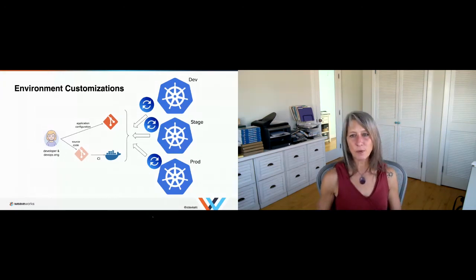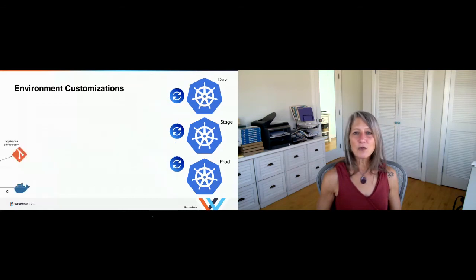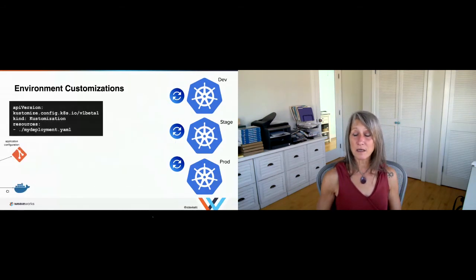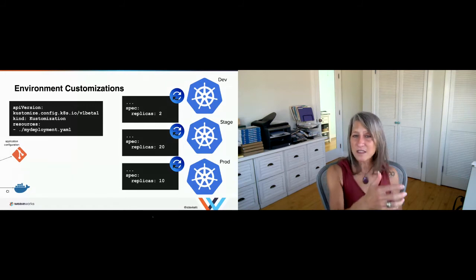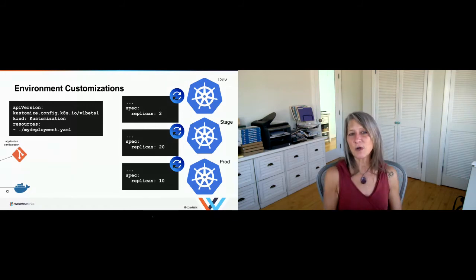Well, GitOps supports this by allowing you to specify a base configuration and specify specializations against that base configuration. So again, you can see here that the number of replicas is different across the different environments. Now, as a part of that process of pulling things into the runtime environment, we can apply these customizations to each of the various environments.